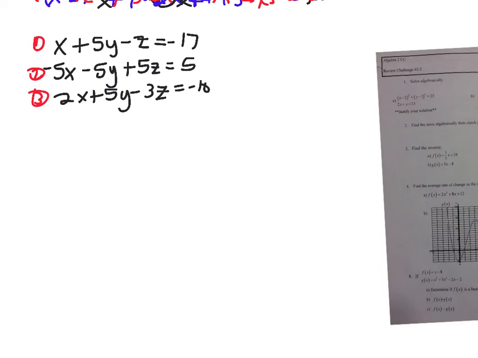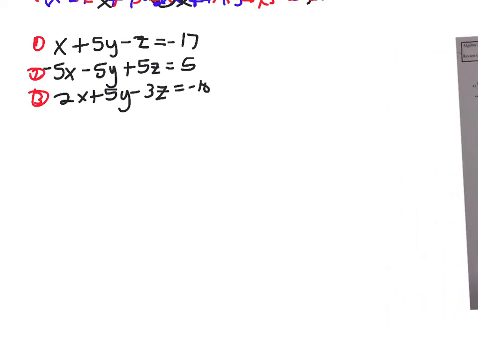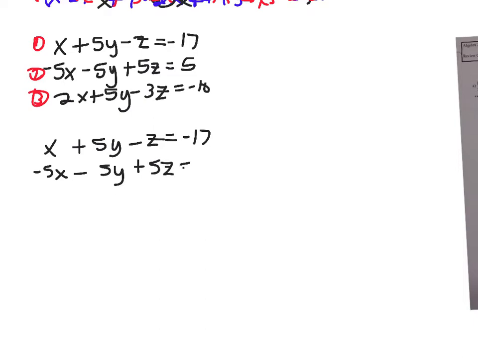Okay, so let's take a look at 1 and 2. So I have x plus 5y minus z is equal to negative 17. And negative 5x minus 5y plus 5z is equal to 5. All right, so this is 1 and 2.